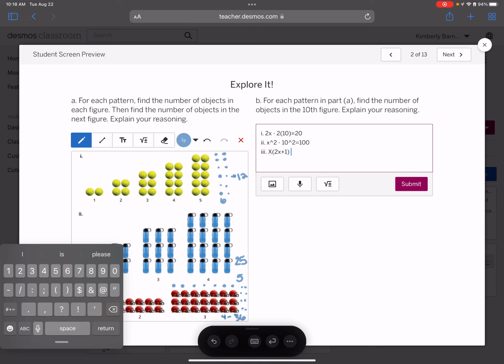And so if I plug in 10 for that, I have 10 times 2 times 10 plus 1, which would then equal 10 times 21, which is 210. And it's okay if you didn't quite get that equation, but you hopefully noticed the other two at least.